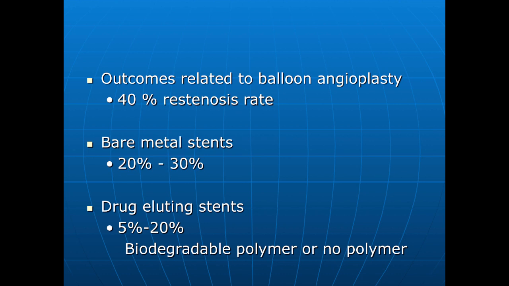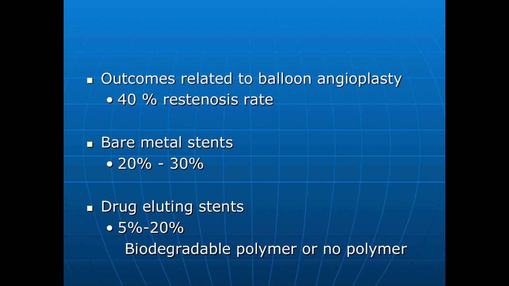The outcomes related to balloon angioplasty, which was our first form of revascularization that was available, was about 40% restenosis rate. And then we came up with bare metal stents, and they were better. The restenosis rate was 20 to 30%, but that really wasn't very good. You still saw a lot of these patients come back.